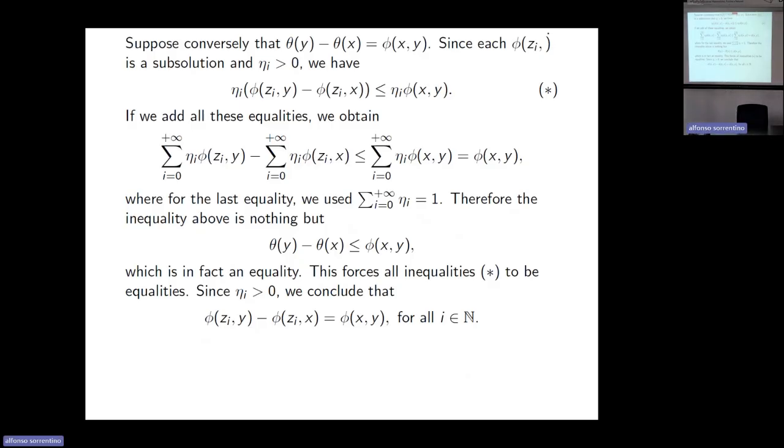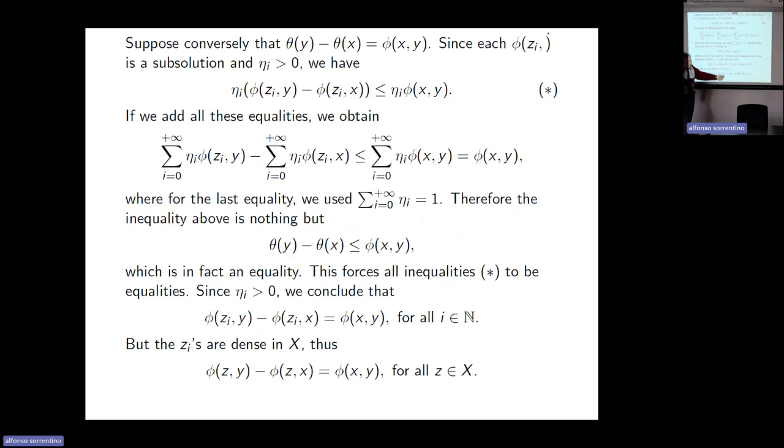So if we know that theta y minus theta x is phi of xy, we know that this is true for every i. But we chose the z_i dense. So this tells me that phi of zy minus phi of zx is phi of xy for all z in X, because phi is continuous.